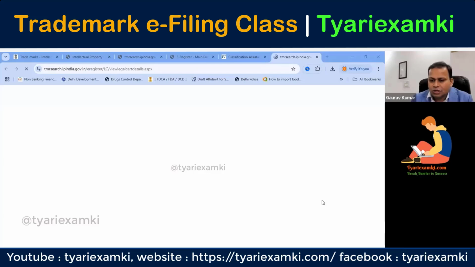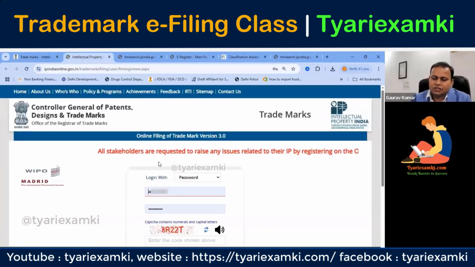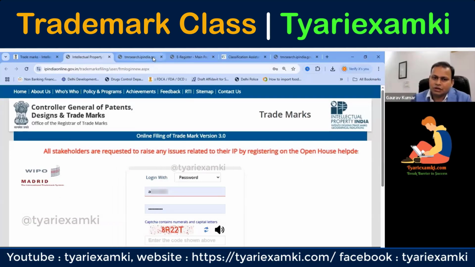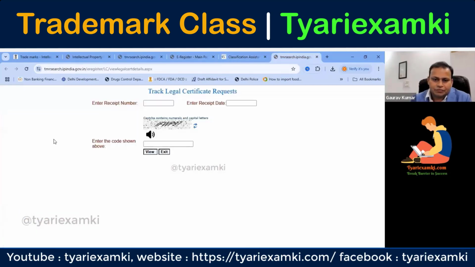So these are mainly the 4 websites that we are going to explore and learn each and everything given in them, mostly related to the trademark application. You need to be very handy with these websites. You need to visit each and every option of the website, and always explore it at your end so that you can get real knowledge of the portal.